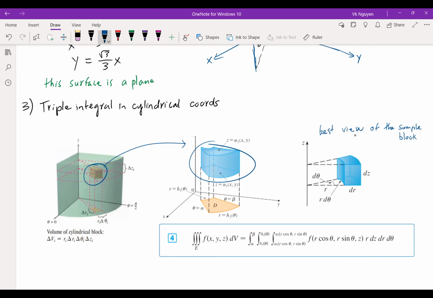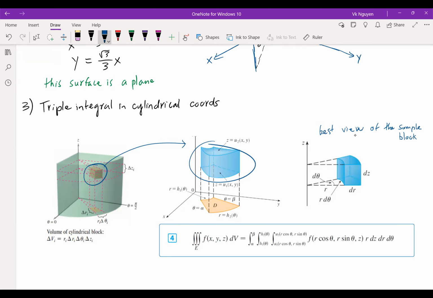Okay, so if you look at the sample block, then you will see that we have a change in the radius, right? And then we have a change in the arc length, and then we have a change in z.